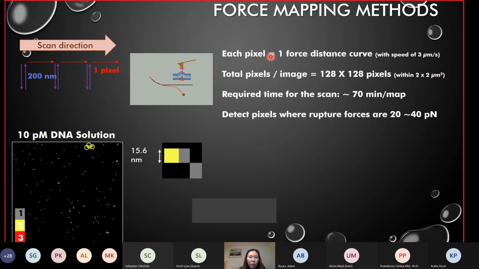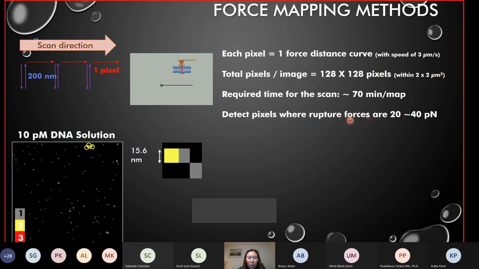So each pixel means one force distance curve. The total is 128 by 128 pixels, about 2 by 2 micrometers in size. For one scan image, one map, we need about 70 minutes.